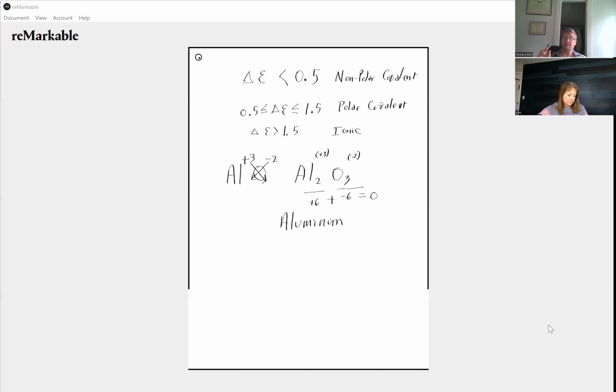When I say simple ions, I mean ions that just come right off the periodic chart. It's just oxygen, so change the ending to IDE: aluminium oxide. Okay, we've done that before. That's just a review. In fact, I may have even used the exact same example.